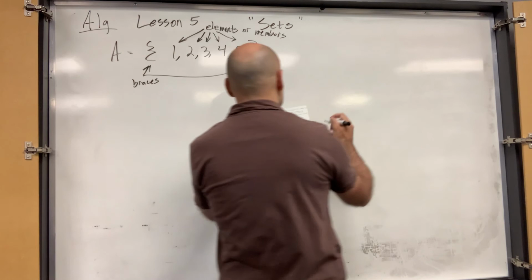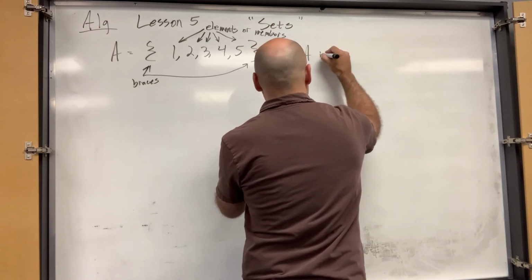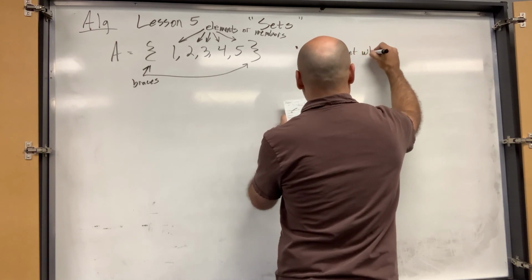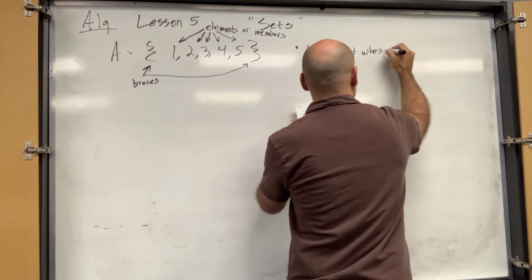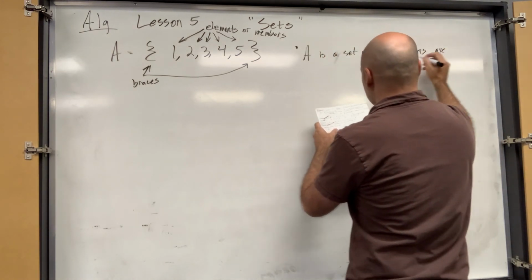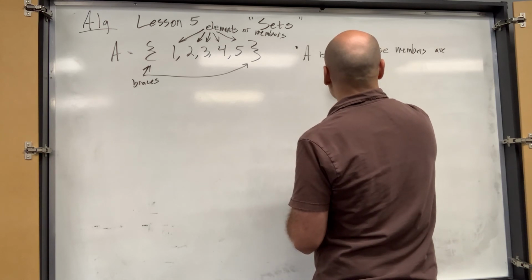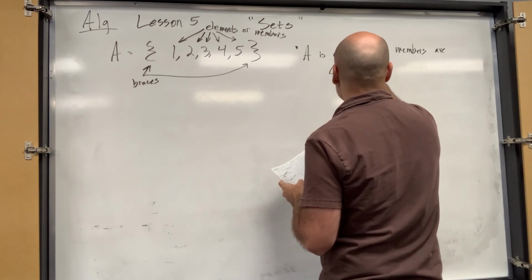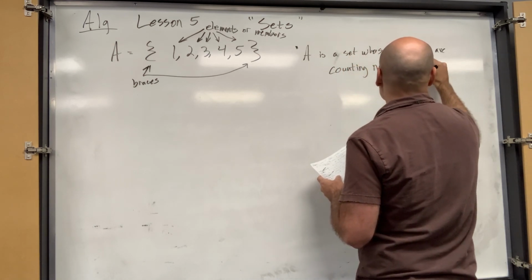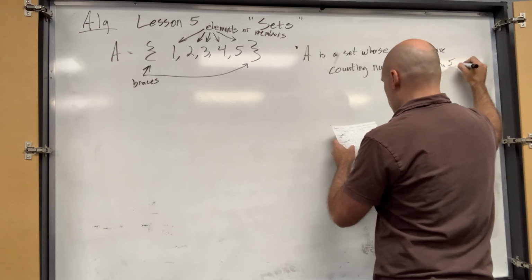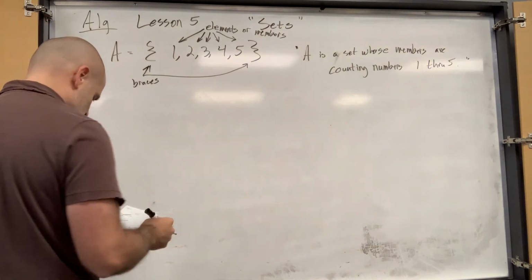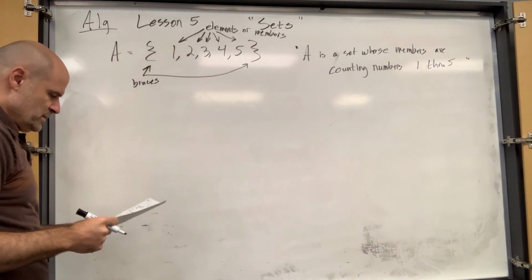So if I were to say this in English, it would be A is a set whose members are, you could say, counting numbers 1 through 5. So that'd be a good way to describe it. Okay, so those are sets.